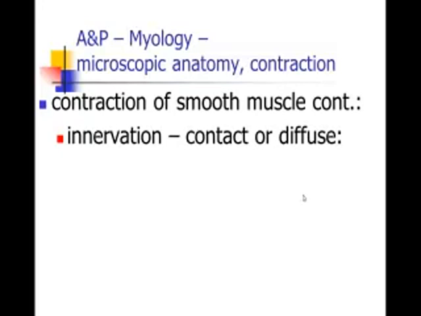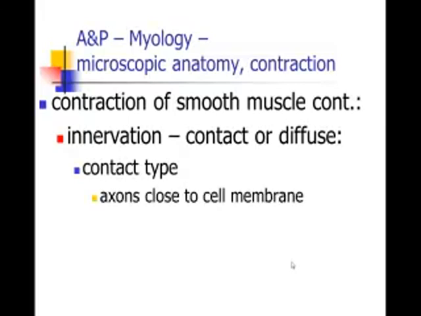Innervation with the smooth muscles. So if you remember in the skeletal muscles, we had that synaptic gutter, and the axon terminal went into that and interacted with the cell through diffusion. In smooth muscles, we have either contact or diffuse innervation. We'll start with the contact. Okay, so the axons are going to be really close to the cell membrane.